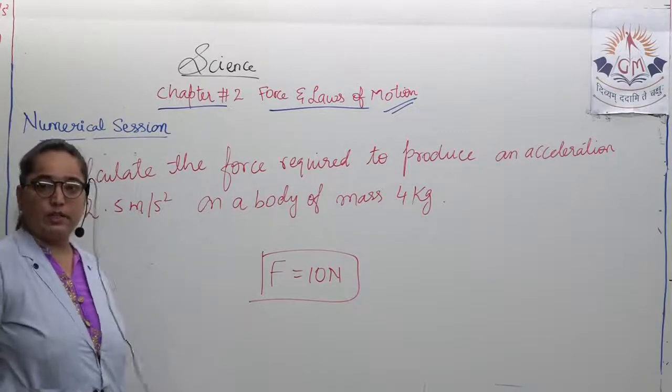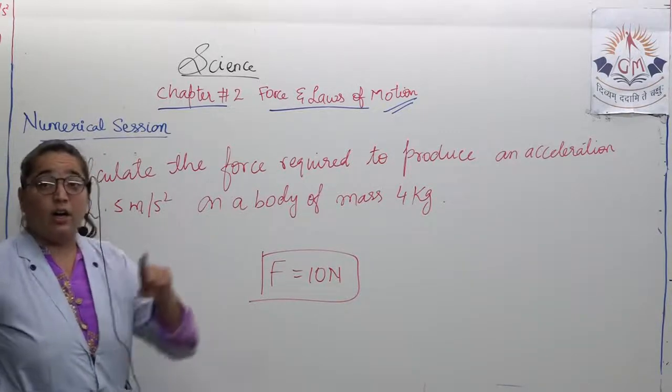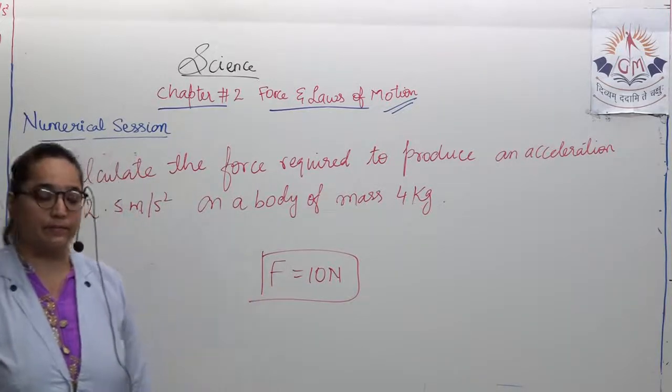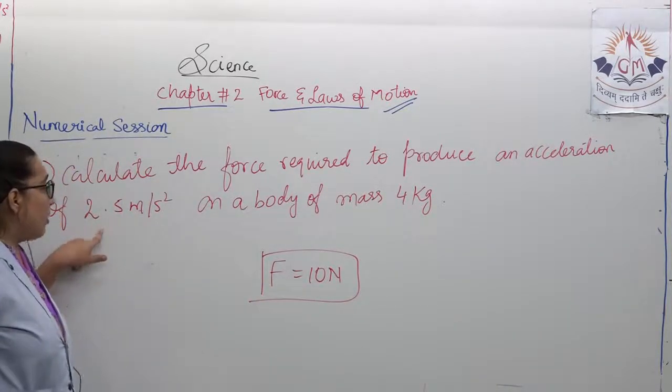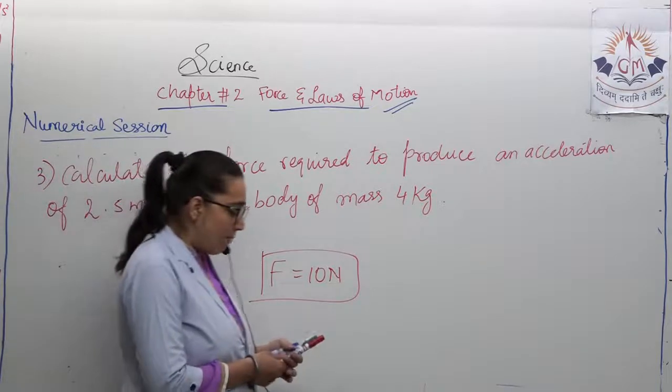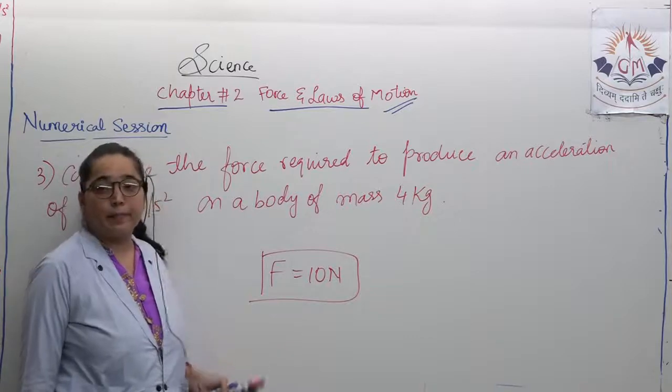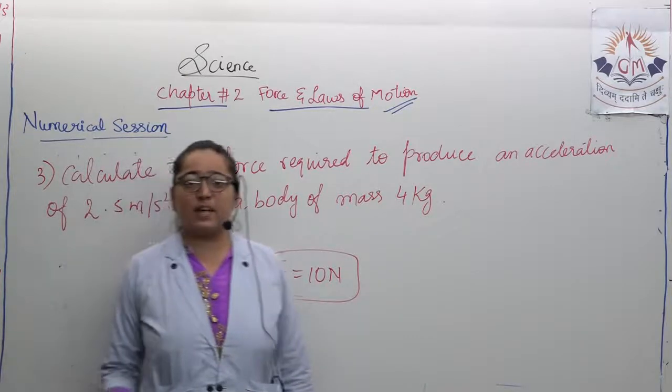Orally you can do it, but you have to put the formula, put the values, then do it. Put the formula, put the values and send me the snap on my number. Be quick, just now only.